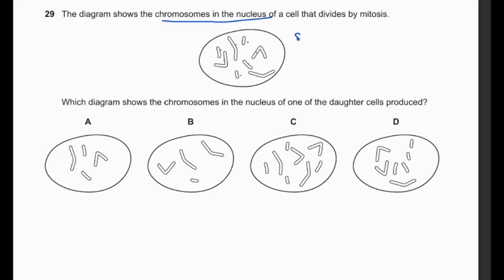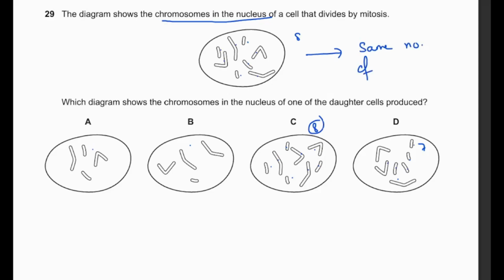Fine. Here we have fewer, 1 to 7. Here it is 7. Here, 1 to 8. Mitosis always maintains the same number of chromosomes.